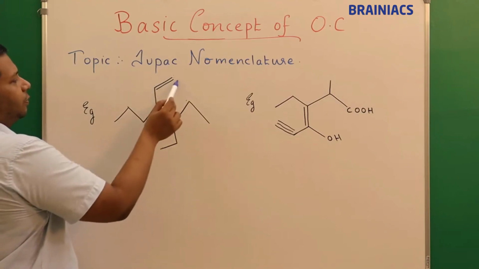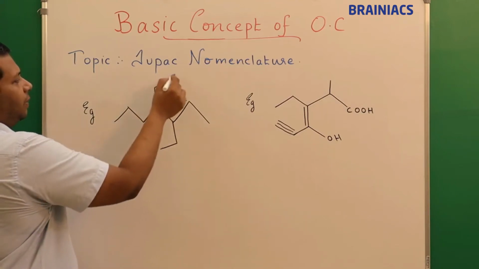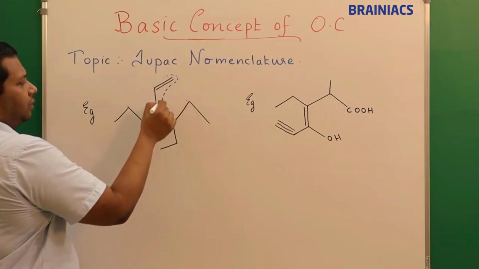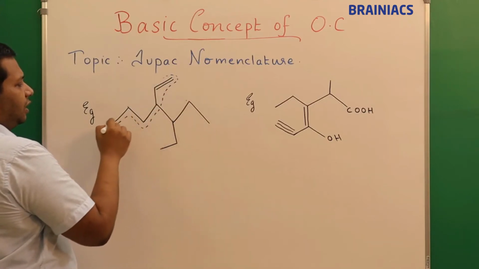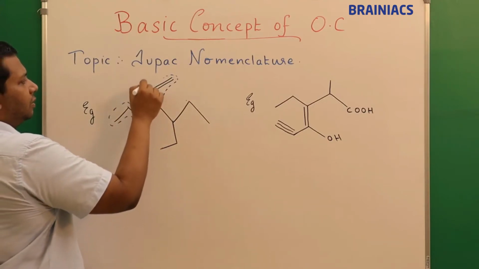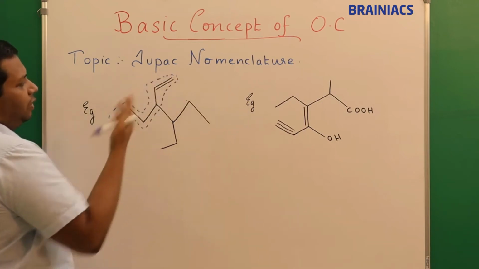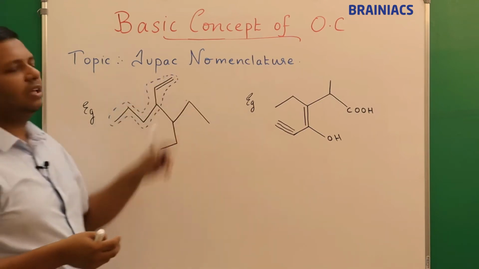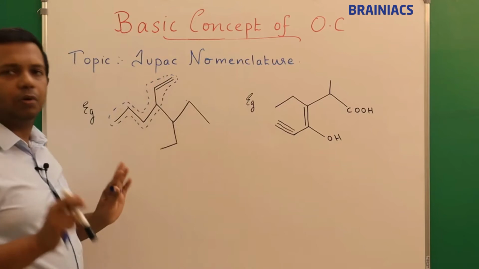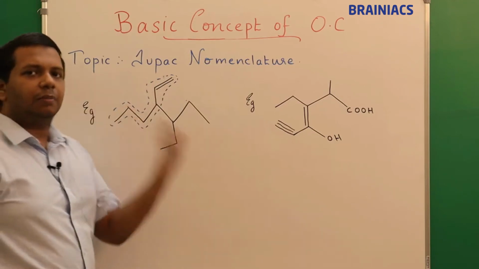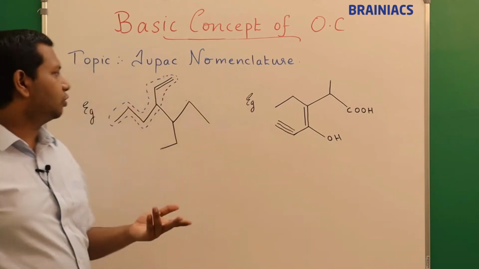The reason for that is, suppose I am choosing this as my parent carbon chain. The problem here is, we know that in all three cases you are including the multiple bond, there is no doubt. After the multiple bond, who has the next priority?